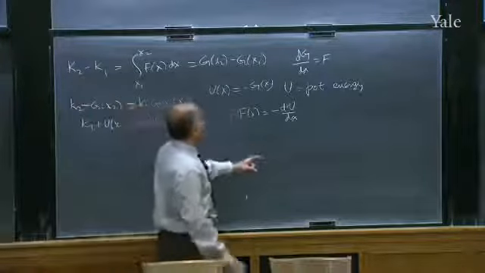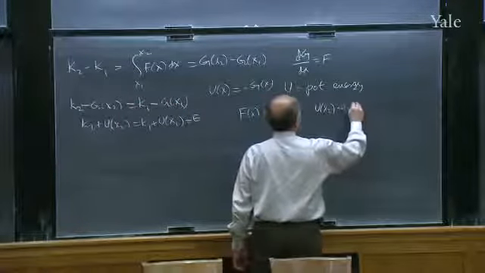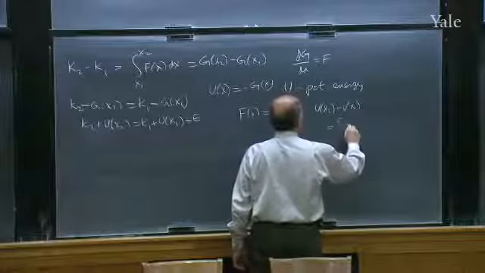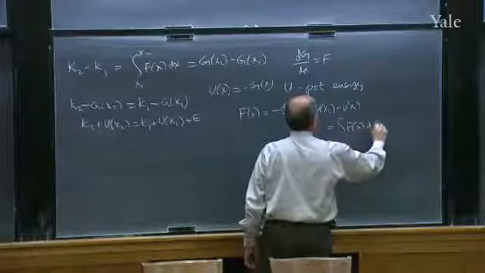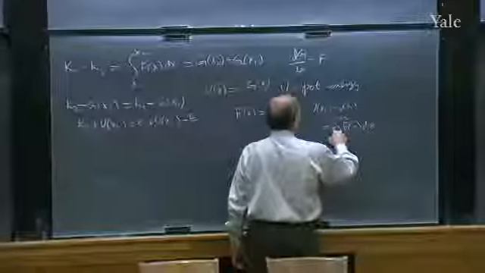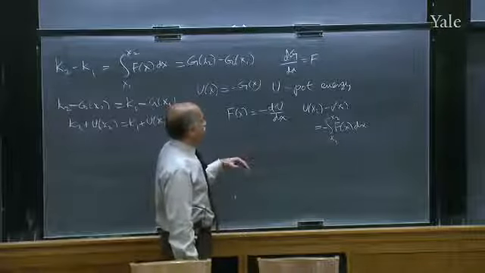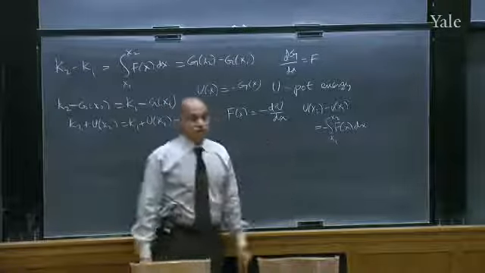That means you have this relation. And you can also say U(x2) minus U(x1) is minus the integral of F(x) dx from x1 to x2. That's a minus sign here. Again, the minus sign is present because F was defined to be minus the derivative of U.